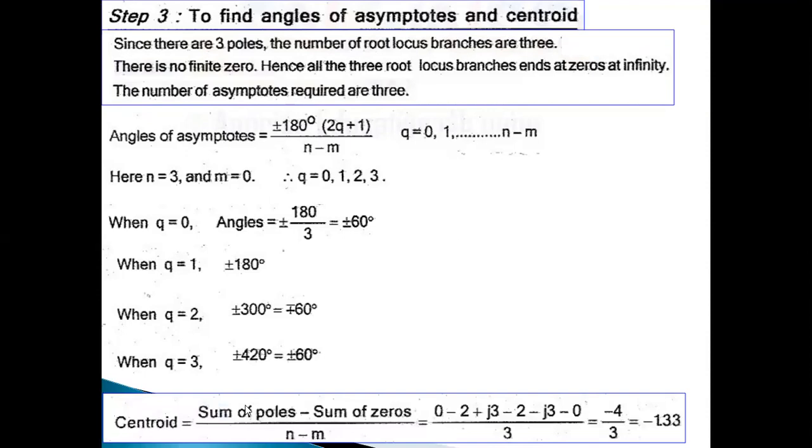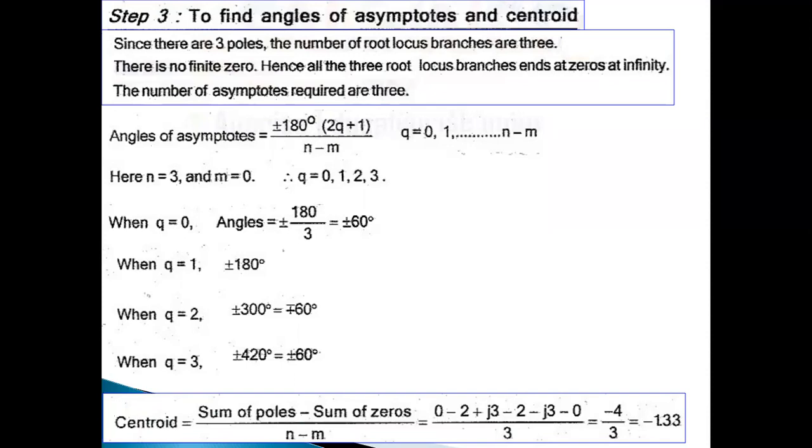Now, how to calculate the centroid? I have already given this formula. The centroid is the sum of real parts of poles minus the sum of real parts of zeros, divided by n minus m. Otherwise, we can take the total poles minus total zeros divided by n minus m. Both give the same value, whether we consider real poles and zeros or total poles and zeros. Why?